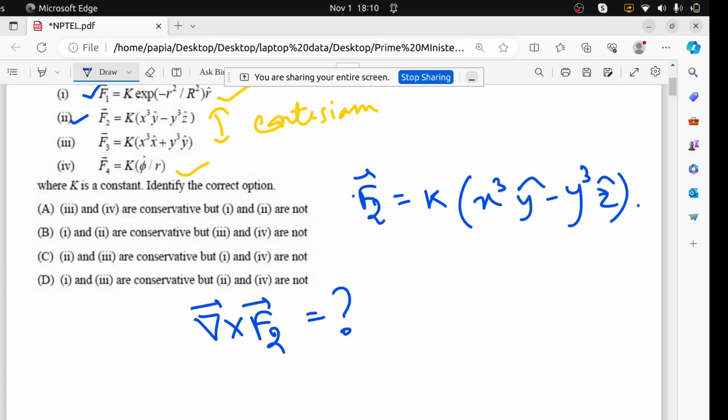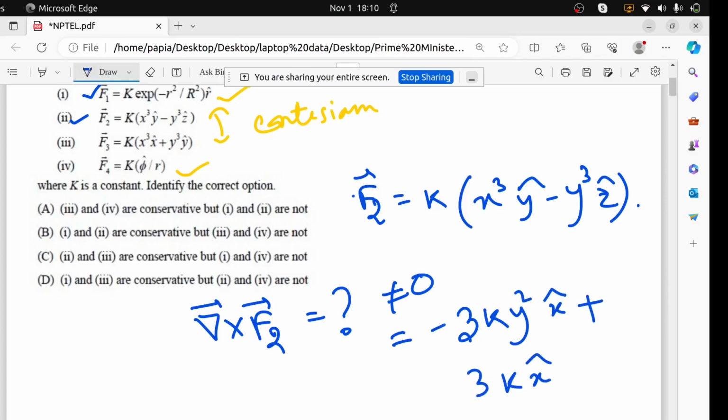Ma'am, not conservative. Not conservative because a non-zero value is coming, right? What is the value coming out? Minus 3k y square i cap plus 3k x square k cap. This one you are talking, right? Square.